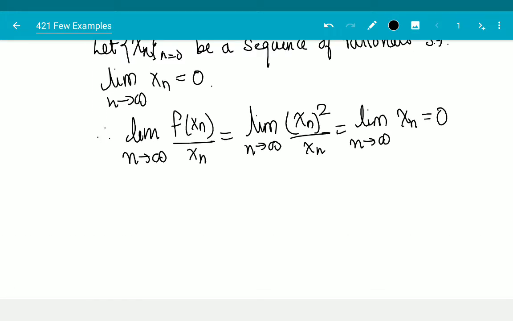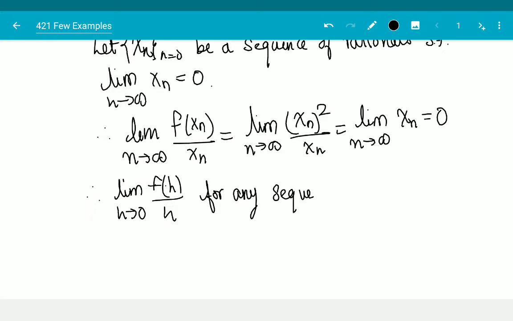Therefore the limit as h goes to 0 of f of h over h for any sequence of rationals is equal to 0, right?